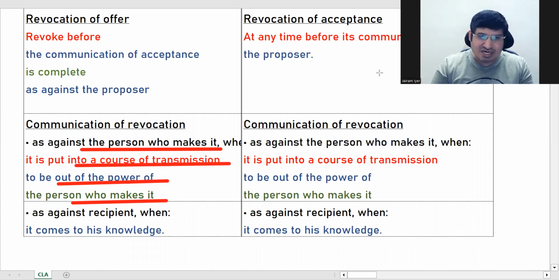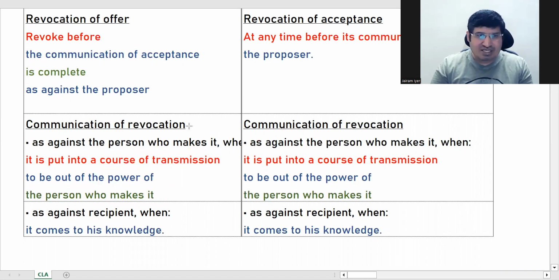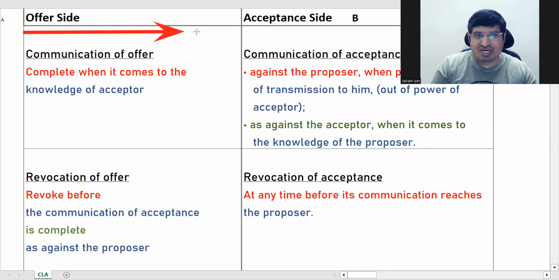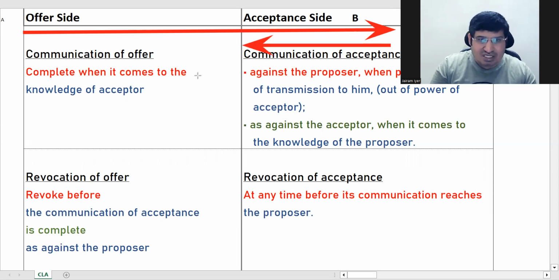What I showed you is not communication, this is revocation. He has sent his offer here, and from here he has replied to it. Till this point of time he can revoke.